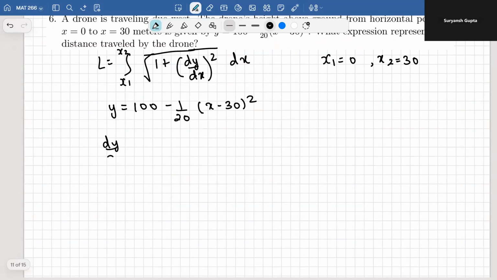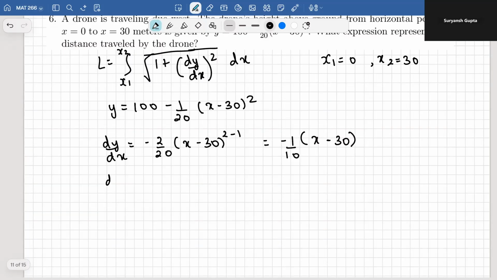So dy over dx is equal to, the differentiation of the constant, which is 100, becomes 0. And for the term on the right, we get minus 2 over 20 times (x minus 30) to the power of 2 minus 1, which is equal to minus 1 by 10 times (x minus 30).